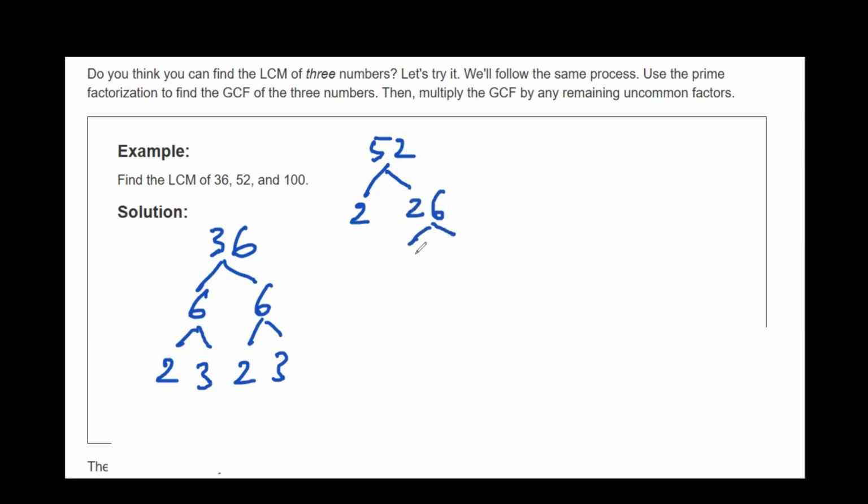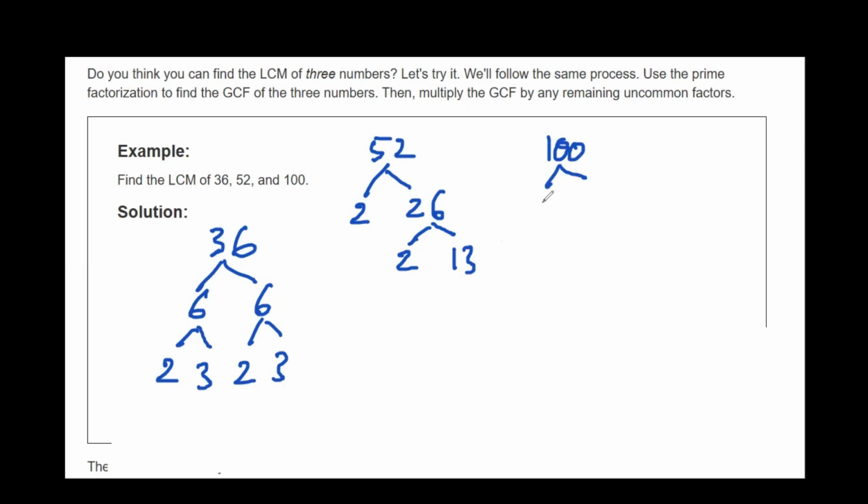And 26 is 2 multiplied by 13. And 100 is 2 multiplied by 50, or you can make it 10 times 10.